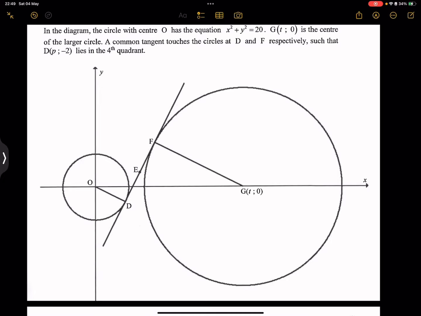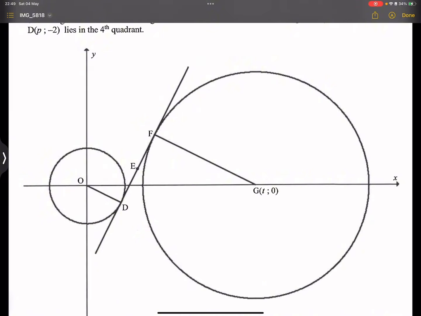So I'm just going to highlight that point there so that it becomes easier for us. They said that point there is P and -2, and this point lies in the fourth quadrant.